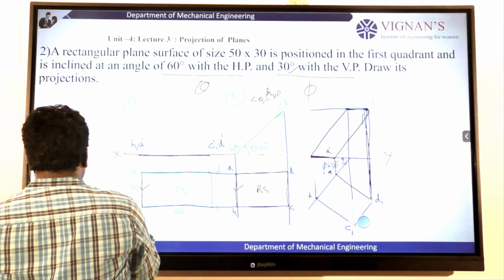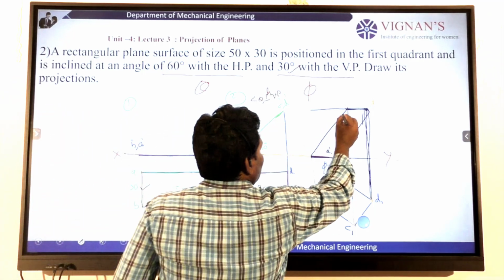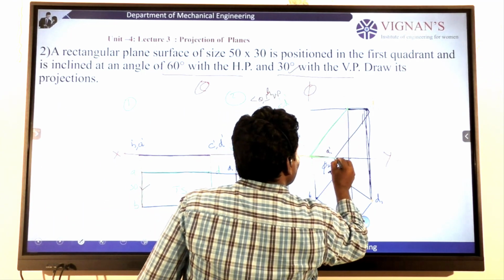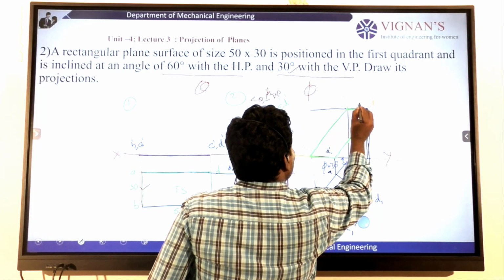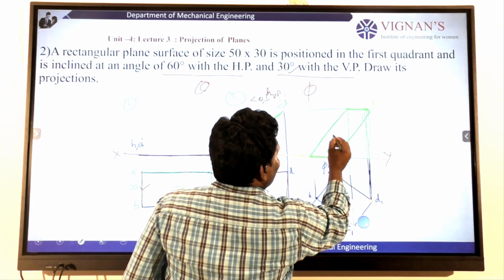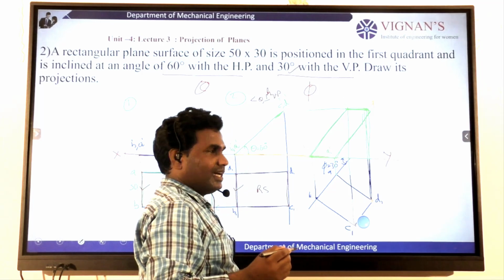Okay. Now observe, this is the final front view of the plane figure.